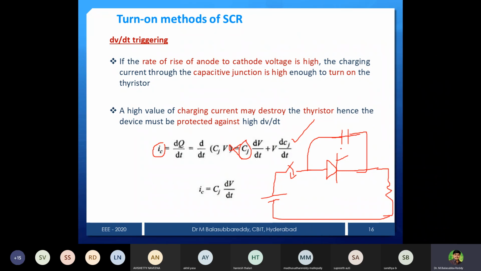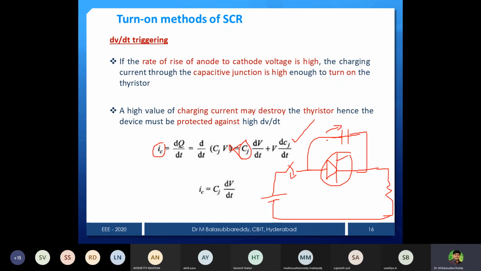The moment the switch is closed, the rate of change of voltage across the device is 0, and when that is 0, there is no meaning of a high dV by dt value. So we can fire the device as required; otherwise, if the capacitor is not there, the device will be fired by itself. When there is a capacitor and the switch is closed, the voltage across it is immediately 0, and gradually this capacitor is going to be charged.